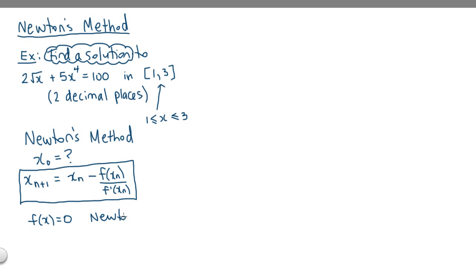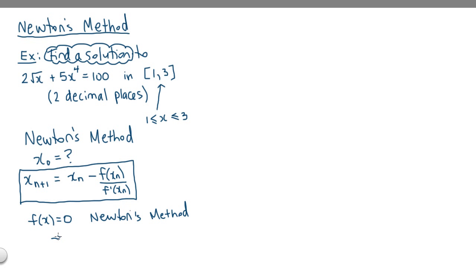So whenever we're doing Newton's method, we may need to do a little bit of rearranging here to make that happen. So if you look back at our original equation here, we had this expression involving x was equal to 100.